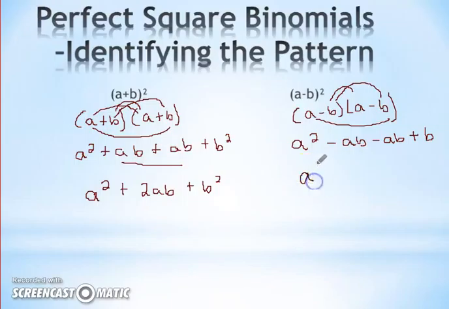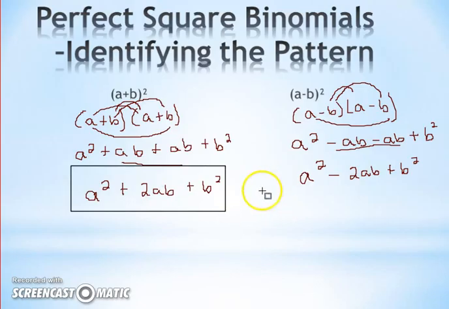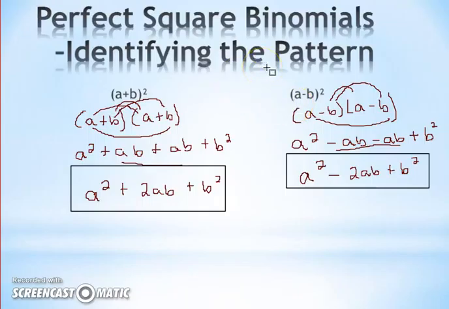This also simplifies, by combining the two terms in the middle, to a squared minus 2ab plus b squared.